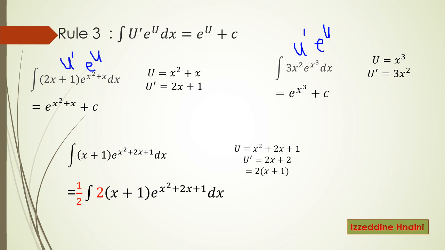So as usual, we put here 2, and outside the integral, we put 1 over 2. So this function has the form u' e^u, and its antiderivative is e^u. Then we get 1/2 e^(x² + 2x + 1) + c.